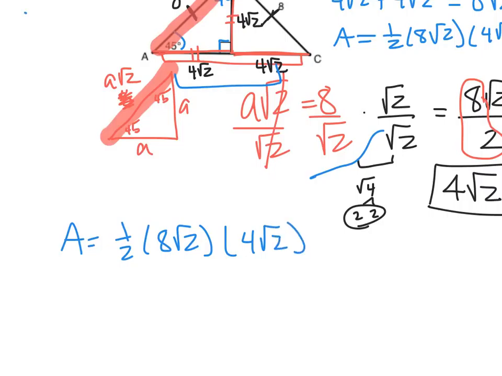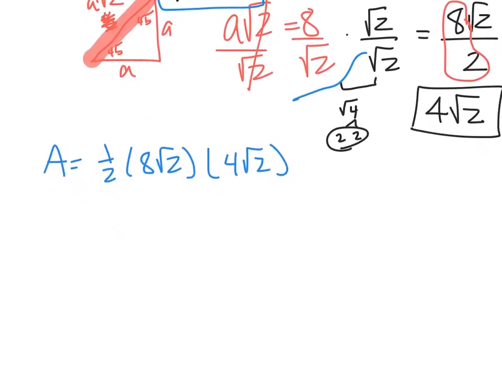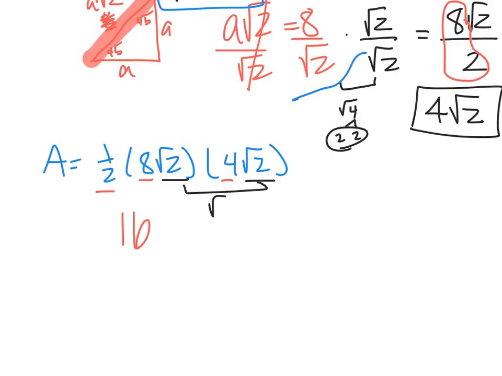Okay, so when you multiply this, you're going to multiply all the numbers on the outsides together. So the 1/2, the 8, and the 4. And that's going to give you 16. And then you can multiply the root 2 times the root 2. And again, if you can do this in your head, do this in your head. If not, it gives you root 4, which just simplifies down to 2. And you multiply that with the 16 because everything here is being multiplied together. So 16 times 2 is 32.